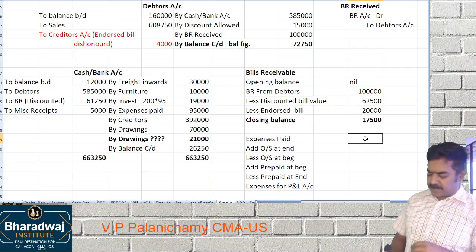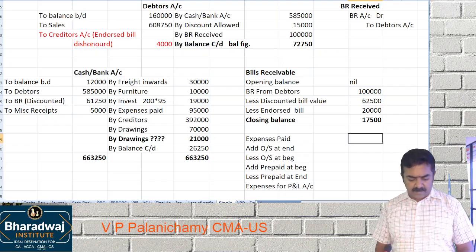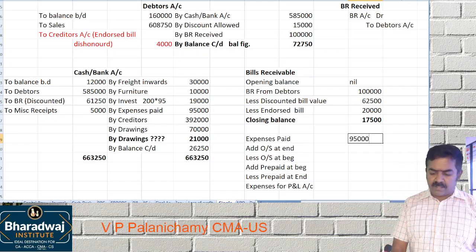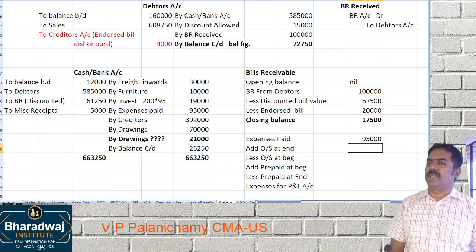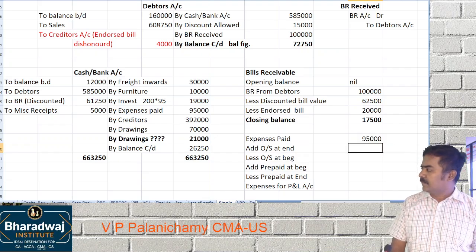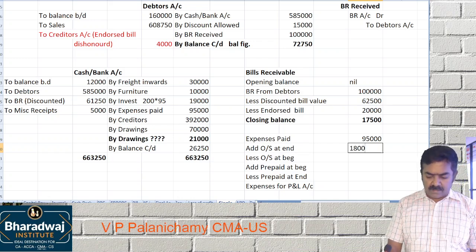Can you tell me what is expenses paid? How much is paid? 95,000. Outstanding at the end of the year, what is it? 18.